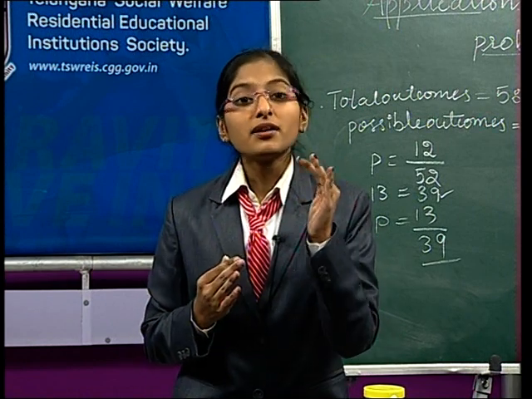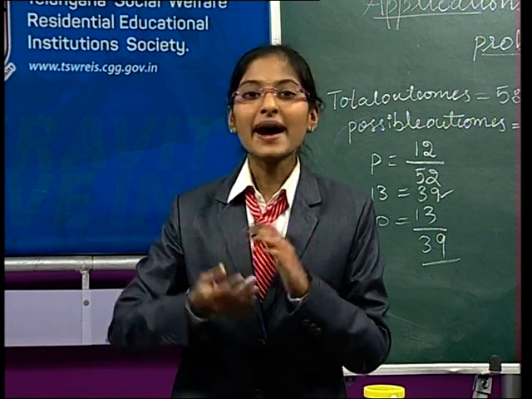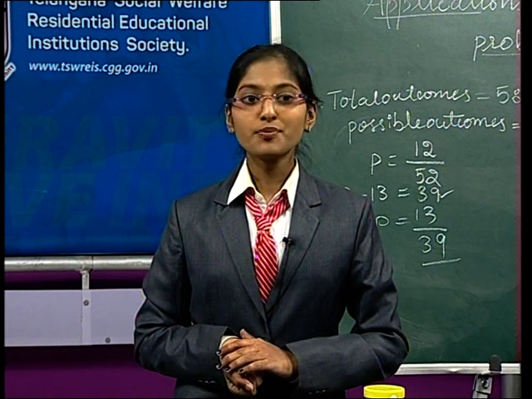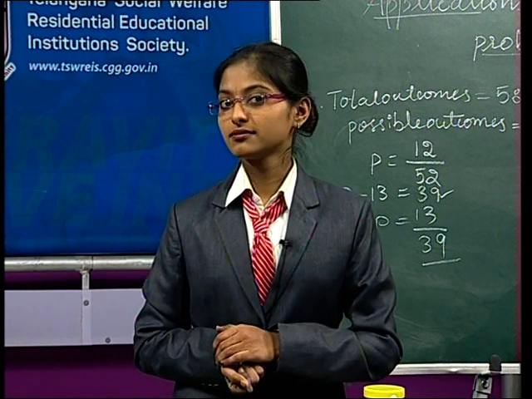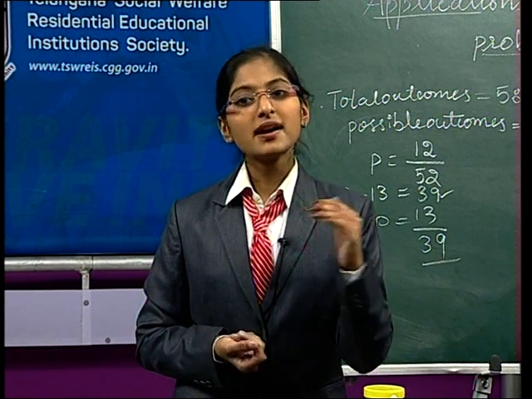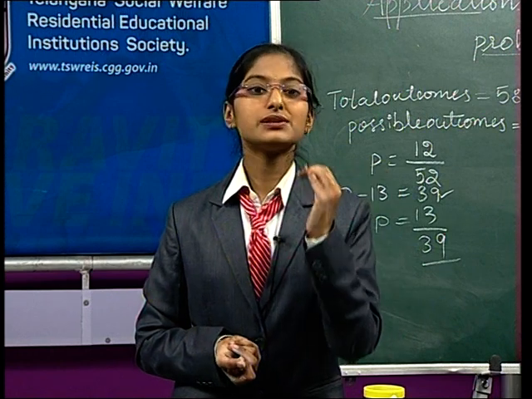So, the total number of outcomes is 18, and 15 are good and 3 are damaged. What is the probability for getting a damaged one? Yeah, 3 by 18. That means 1 by 6 is the probability, right? When we calculate that, 3 by 18 is equal to 1 by 6.